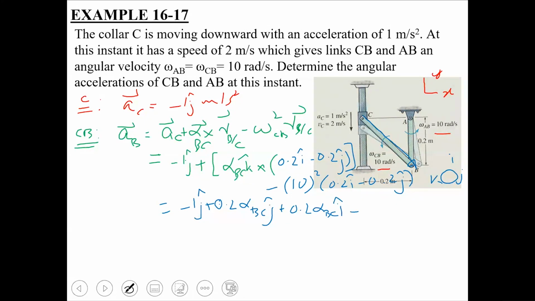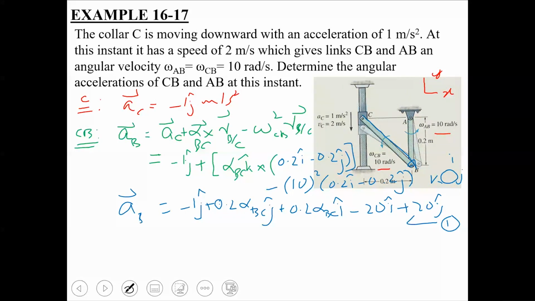And further ये right side पे जो टर्म है 10 square आपका 100 हो जाएगा multiply by 0.2, so it is going to be minus 20 i plus 20 j. ठीक है, let me call it equation number 1, and this represents the acceleration of point B. Clear है यहाँ तक? Yes, sir.